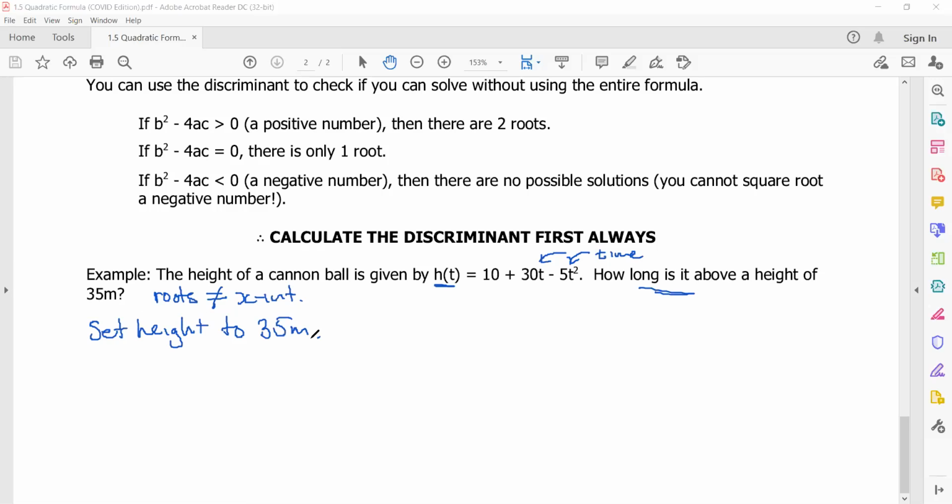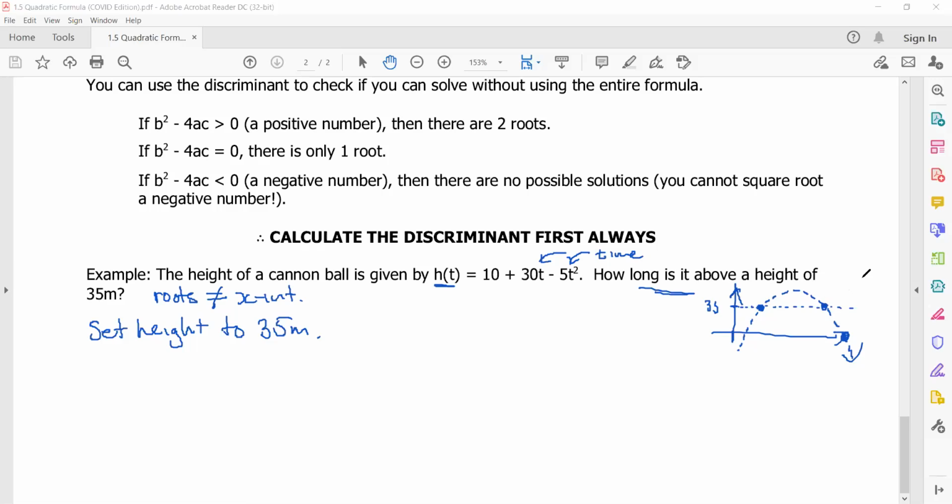Start with that. I want to know when the cannonball hits 35 meters. Doesn't that make sense? If I want to know when it's above it, tell me when it actually hits a height of 35. Because I'm a really visual person, I'm assuming the parabola is going to look something like this, and it's going to hit the ground somewhere. But at a height of 35, the cannonball will cross and go upwards, and then whatever goes up must come down, so it's going to hit 35 again.